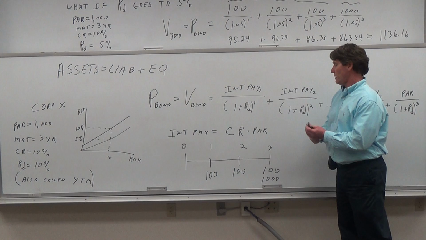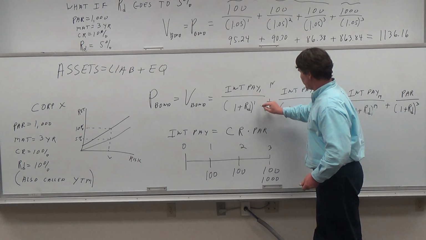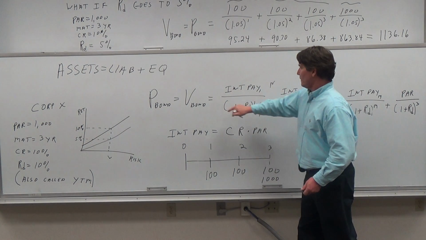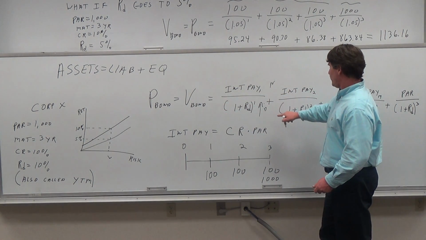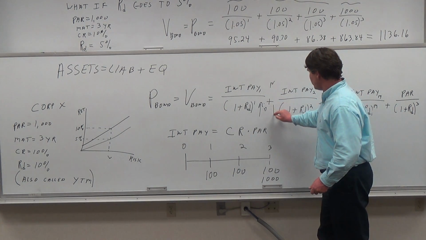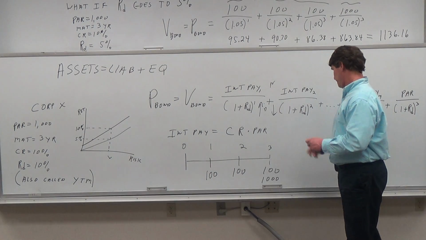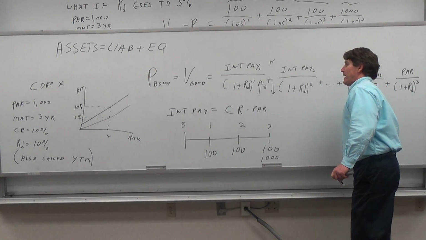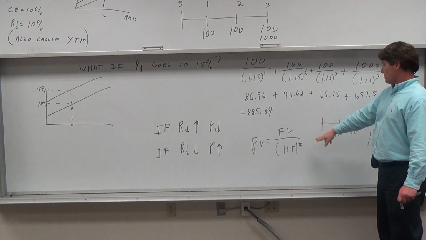Numerator, denominator. When the denominator goes up, the price goes down. Inversely related. When the denominator goes down, the price goes up. So it's inversely related. Okay? And that comes back to principles, right?